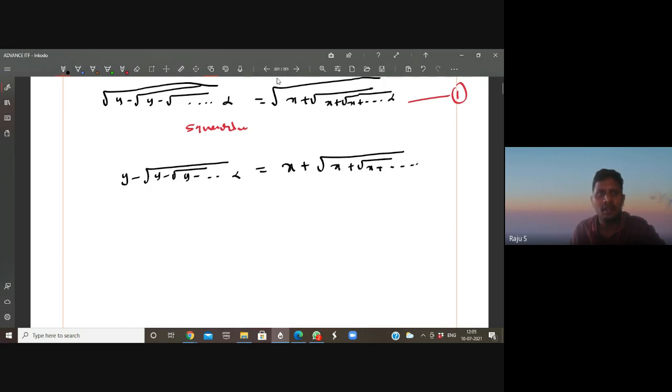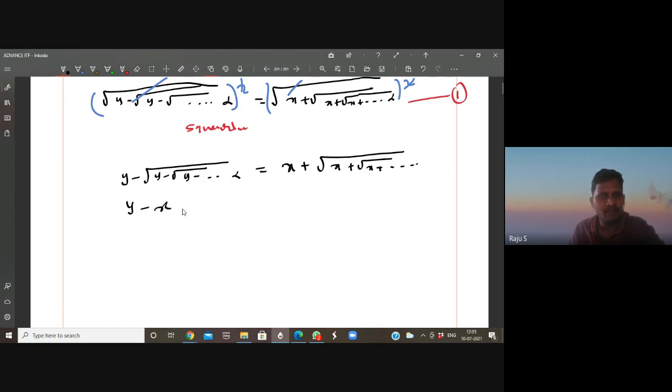So one square root gets cancelled, and we get it like this. After that, from equation 1, shall I write these values as x?